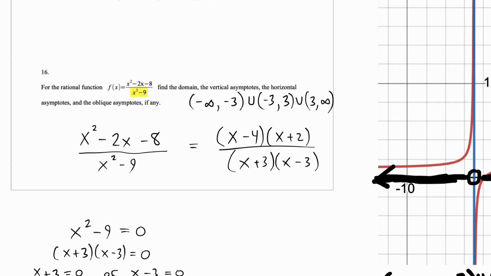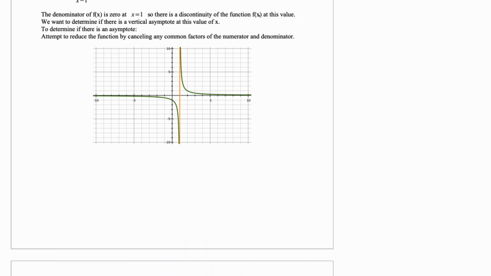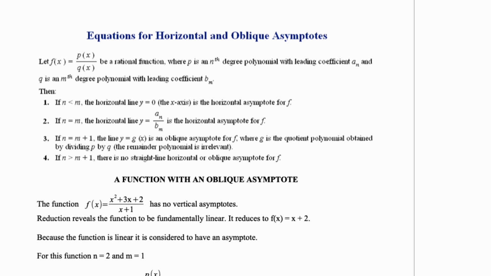Oh, they also want the location of horizontal asymptotes. The directions for this say, consider P to be an nth degree polynomial, and Q can be an mth degree polynomial. So they're talking there about the powers of x, where the biggest power of x in the numerator is called n, and the biggest power of x in the denominator is called m.